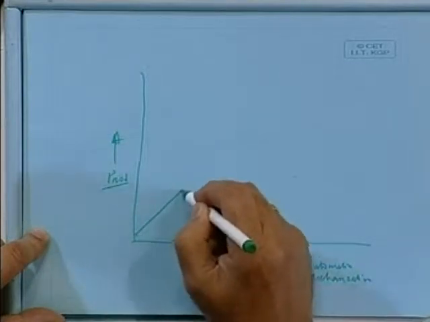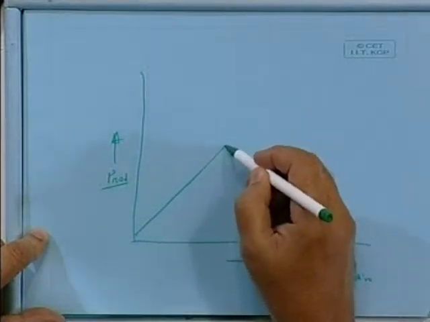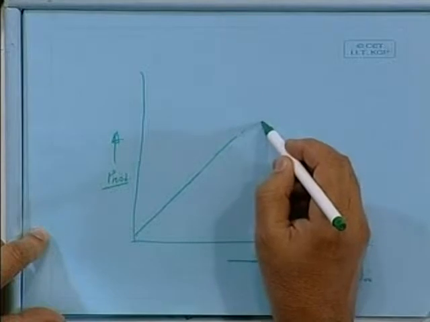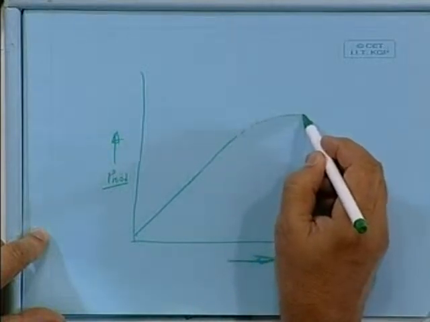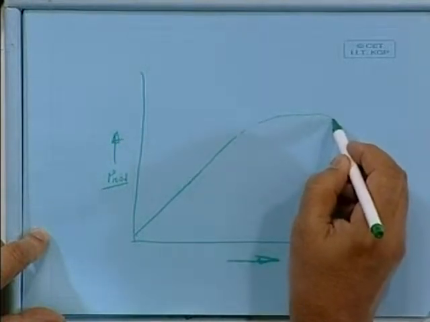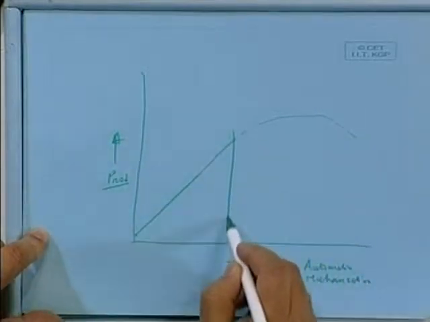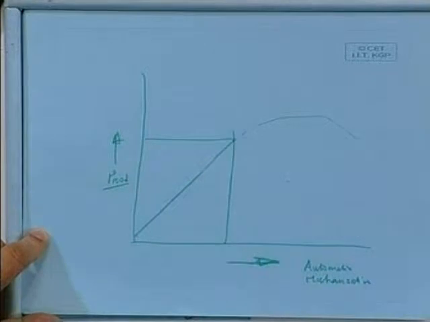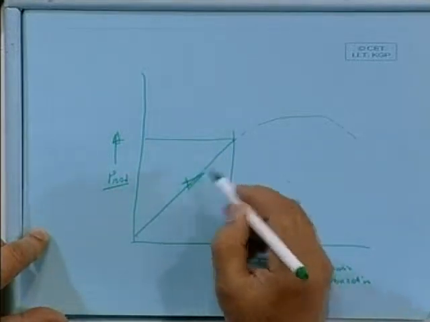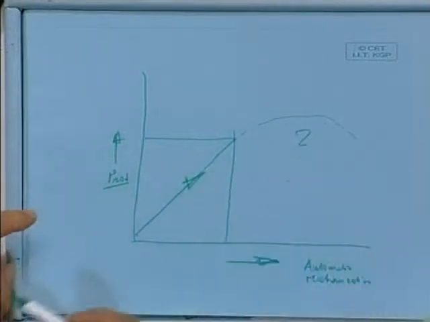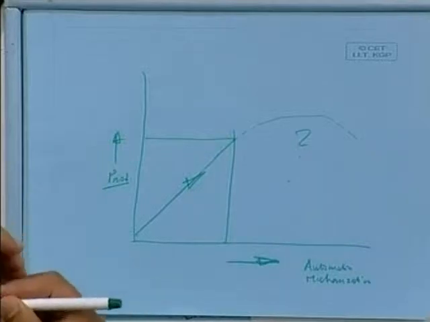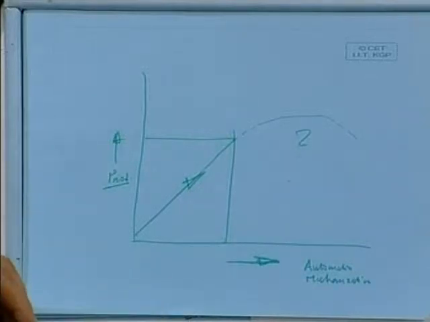So it went up dramatically, and after some time it saturated, and then it started drooping. It was very good. What happened here? What happened? People were tired. Why didn't they get tired here? In this zone.